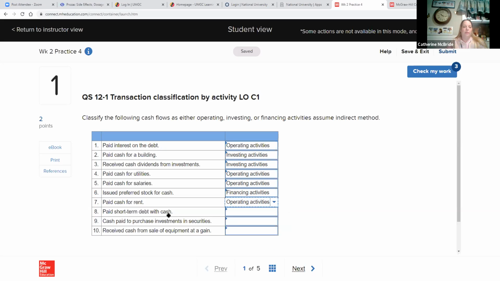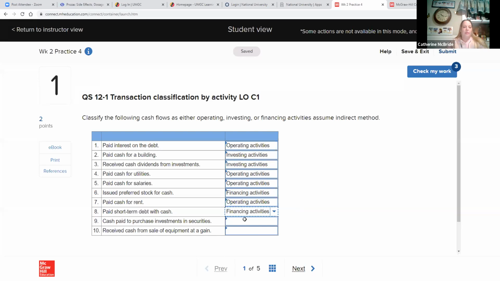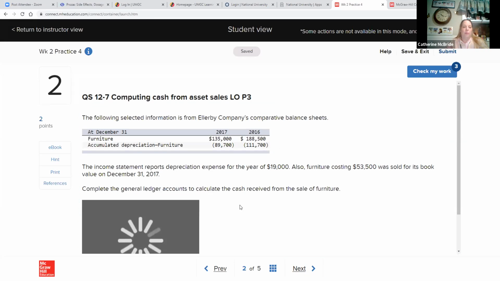Rent is operating. Paying off debt is financing. If we buy an investment, that's investing. Received cash from sale of equipment at a gain. The gain doesn't matter, but receiving the cash from equipment does. That's an investing activity. So that's the total that you have to know from that chapter.